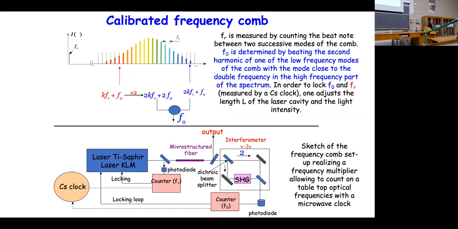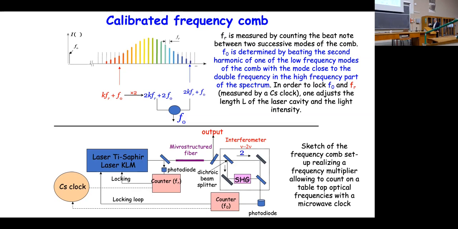It lets 2K go straight and it reflects K down. And here you have a second harmonic generation. So here at this output port, you compare the peak 2K with the peak K multiplied by 2. And the difference gives you F0. So it's a Mach-Zehnder which detects the beat note between the 2K peak and the harmonic of the K peak. And you get F0 here on this counter.